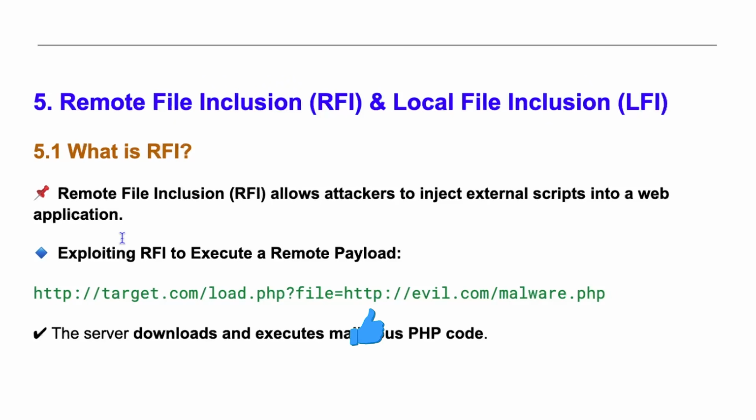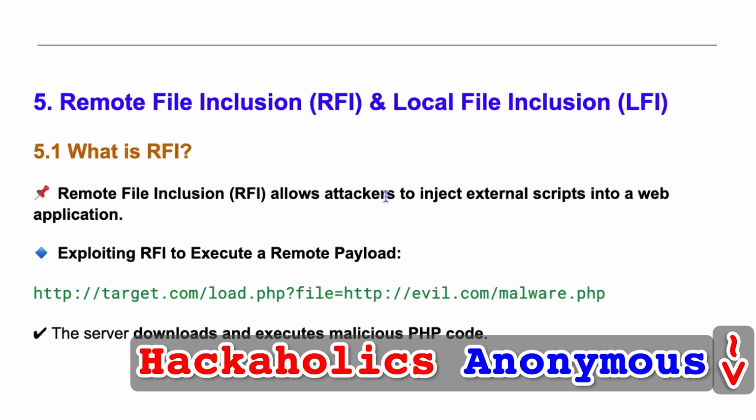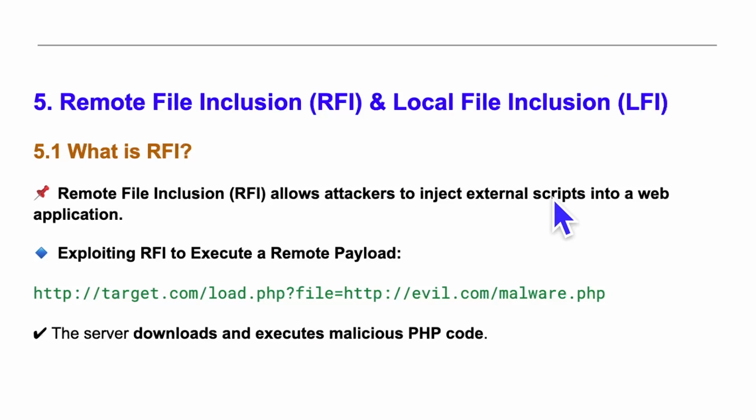Okay, finally, we are at remote file inclusion and local file inclusion. Remote file inclusion allows the attacker to inject external scripts, so remotely, right? They're sitting in a different location. They inject those external scripts into a web application. Very similar to what we saw in the SSRF, right? It's loading something.